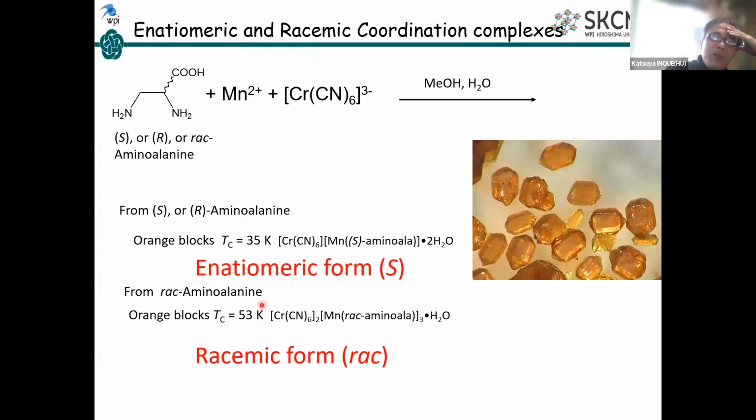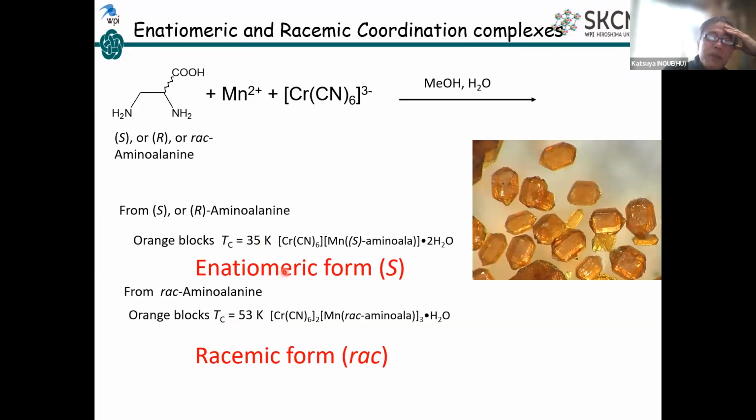This magnetic ordering temperature corresponds to, like, the crystal energy, but of the spin system. There, the exchange interaction between the spins in the racemic form is much stronger than in the chiral form. We can consider that the crystal energy is also different.